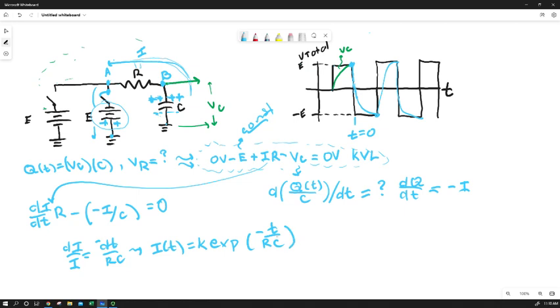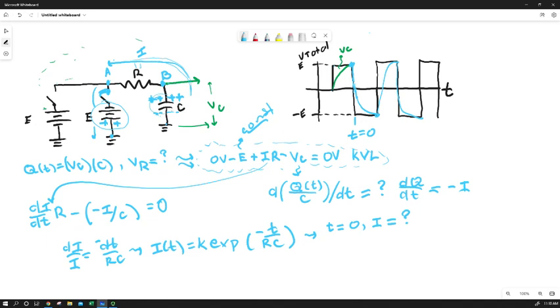Now what's different? The initial conditions this time are really, really different. So at t equals 0, what's the current going to be? Well, when we first close this switch here, we're going to create a big step voltage.